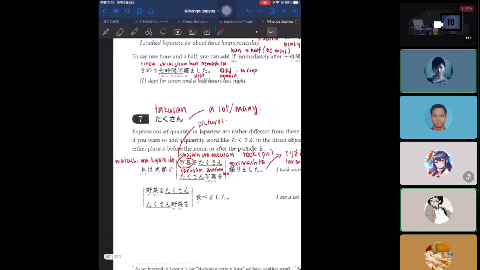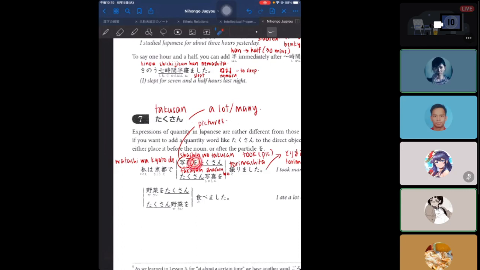So you have two ways of constructing the sentence. First, you can add the noun first, then the particle を, then たくさん, 撮りました. If you put the noun first, you have to add the particle after the noun.